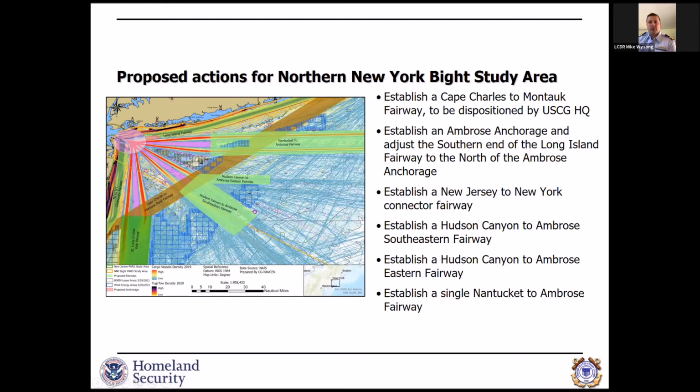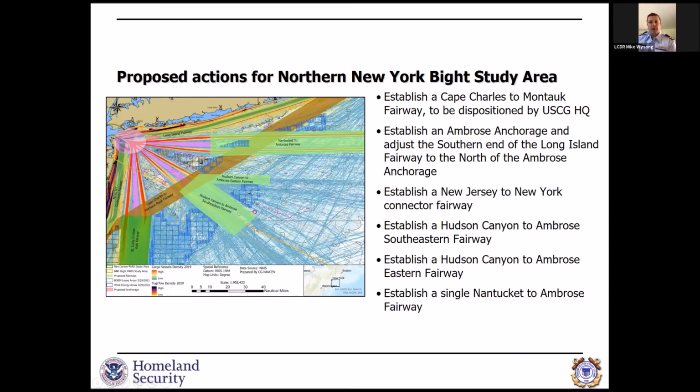We found that the existing traffic separation schemes and precautionary area were effective and have been in place since the mid-1960s. One objective of the PARS is to validate that the existing routing measures are still appropriate, which the district has. In addition, the 1st District supported the Cape Charles to Montauk fairway as proposed in the advance notice of proposed rulemaking by Coast Guard headquarters.